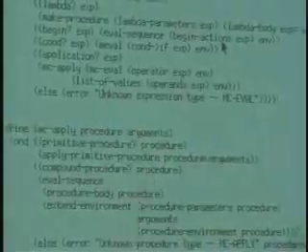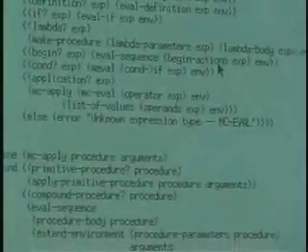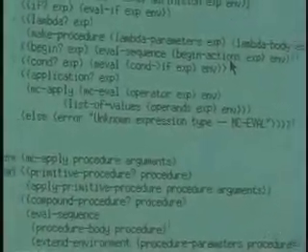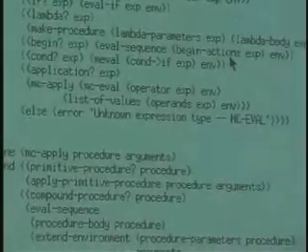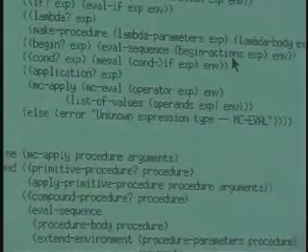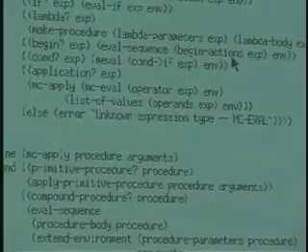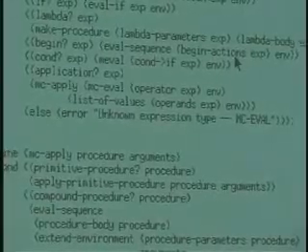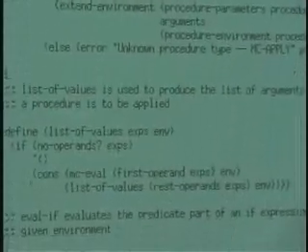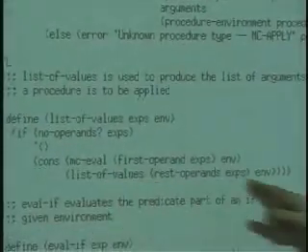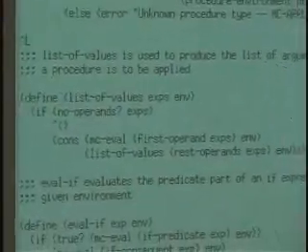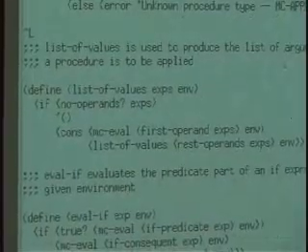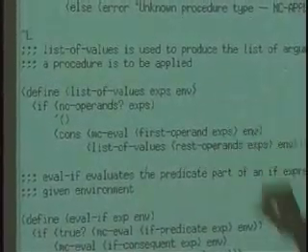List of values is a procedure that will take all of the operands and will evaluate them one by one. So right here, list of values, expressions, environment. If we have no operands, we return nil. Otherwise, we cons the result of MC evaling on the car of our list, the first operand, to the result of our recursive call for the list of values on the rest of them. This is going to evaluate all of our sub-expressions here.